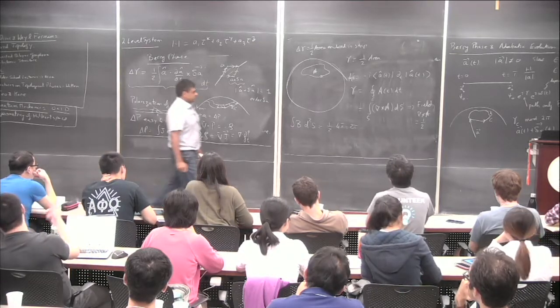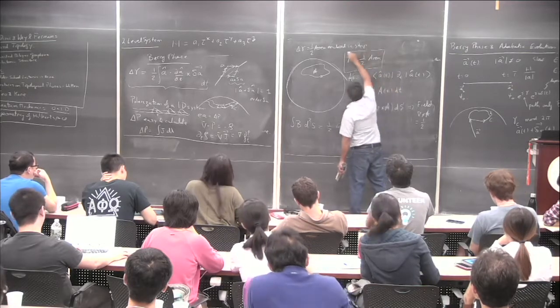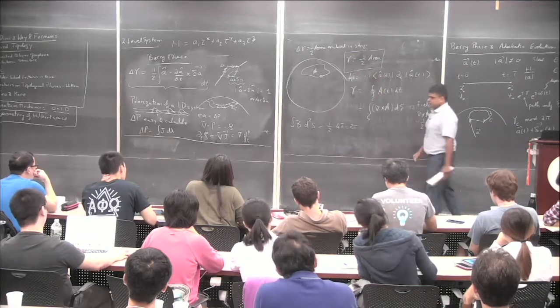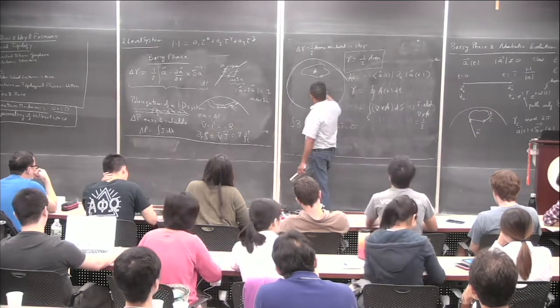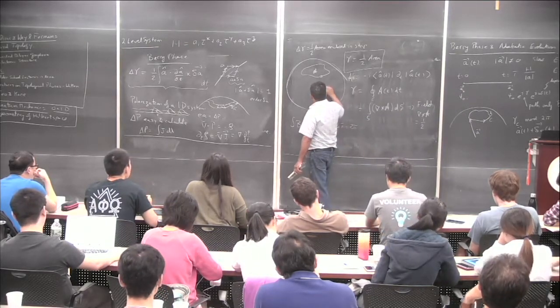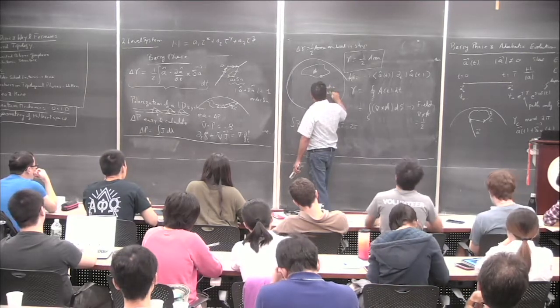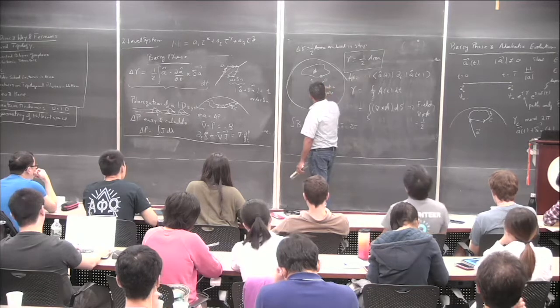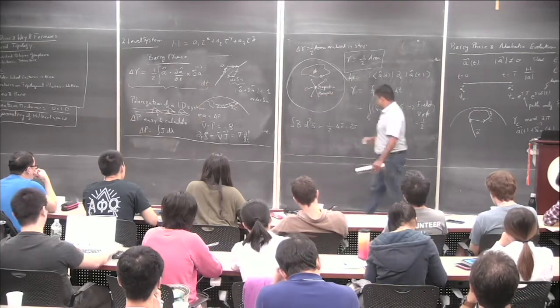So you can relate this problem of Berry's phase, once you know that it's simply half the area enclosed, to the problem of a unit magnetic monopole, something that's spewing out field lines. The total flux of that monopole is 2 pi.